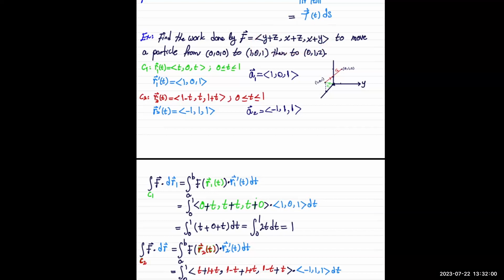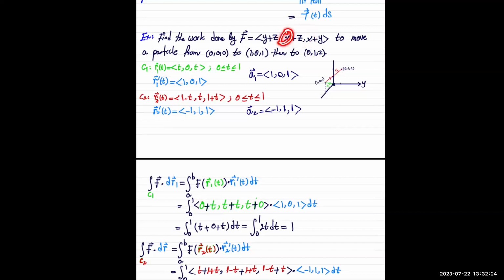Here's that vector field. Y becomes 0, plus z, and z becomes t, so 0 plus t. Second component is x plus z.